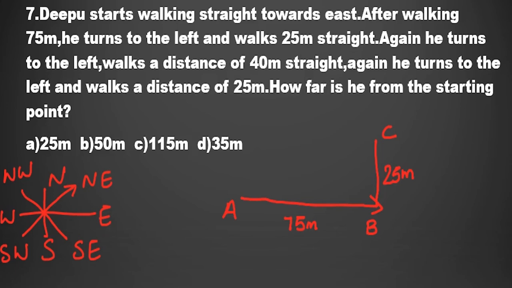And from C he walks left, a distance of 40 meters straight. Again he turns to the left and walks a distance of 25 meters. And from D he again walks left up to 25 meters.